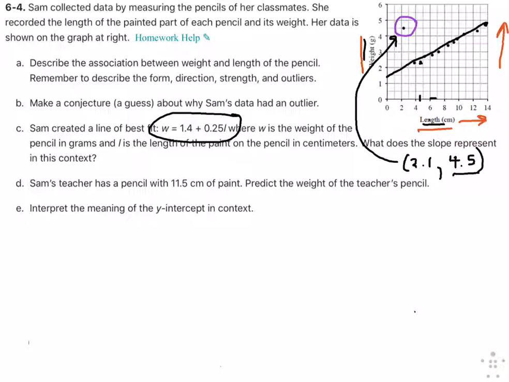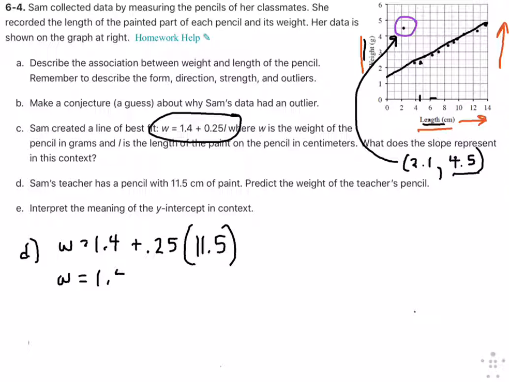So the equation is W equals 1.4 plus 0.25 L, and they gave us L, 11.5. So the weight would be 1.4 plus 0.25 times 11.5, that's 2.875, assuming I did that right.